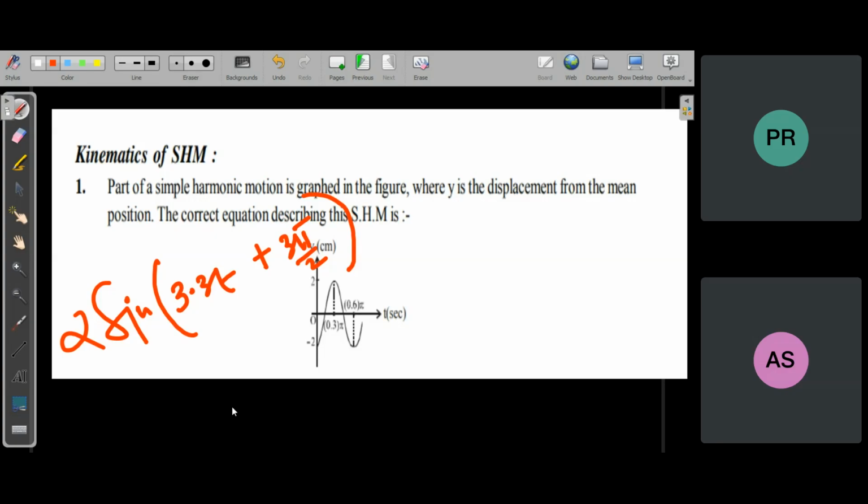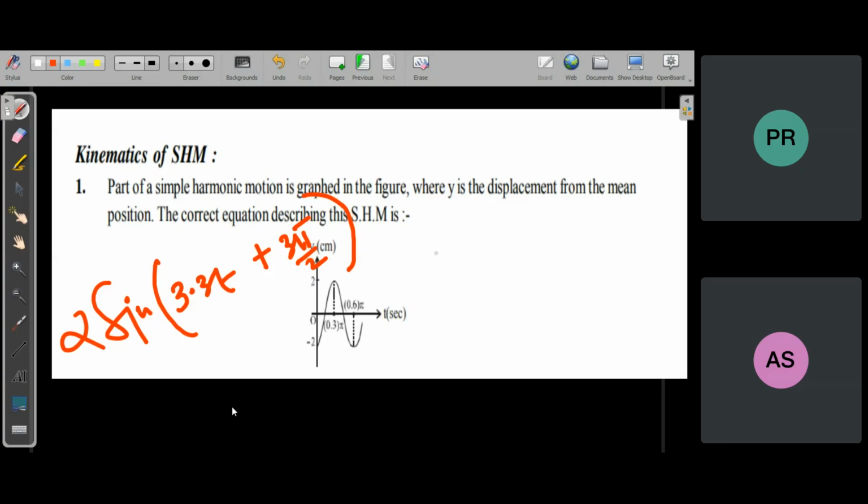Okay, so one minute. Okay, so 3.3 t, you are saying omega t, and what is omega? 2 pi by T, and what is the time period here?